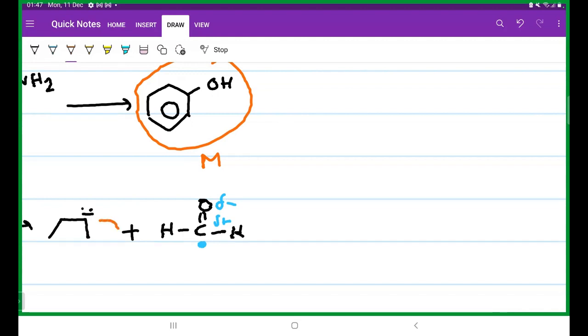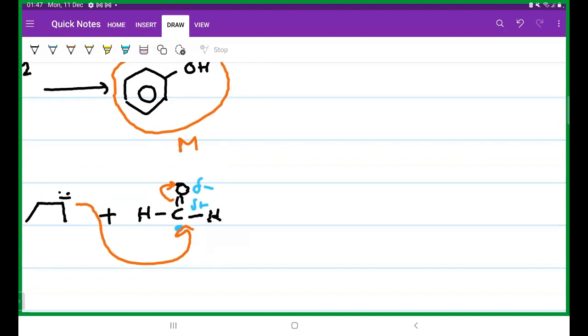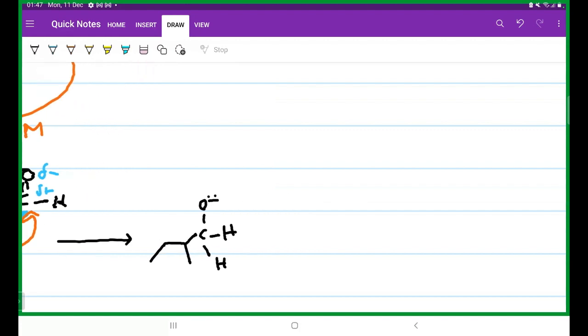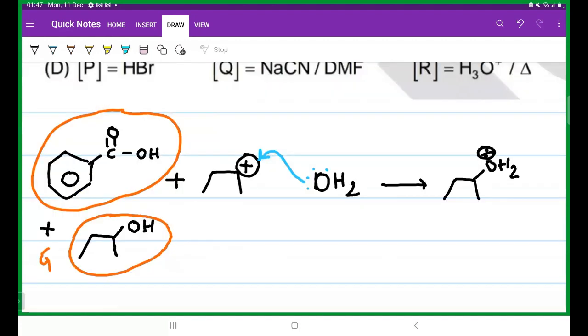So yeah, this will attack the center, and O minus, H over here, H over here. Okay. And then this thing is treated with H plus.